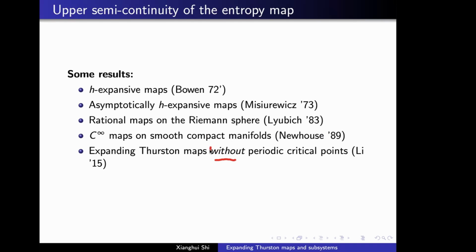So here he assumed there's no periodic critical point. And actually, all of the maps in those three cases are asymptotically h-expansive.